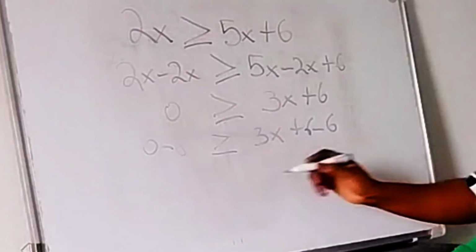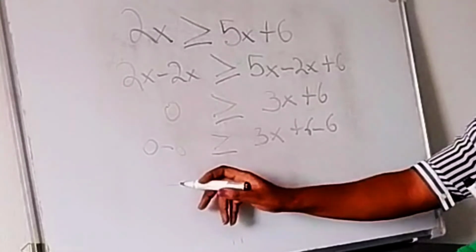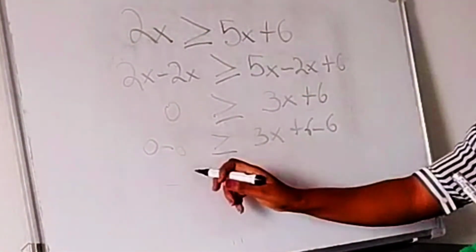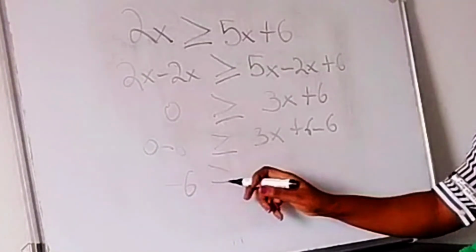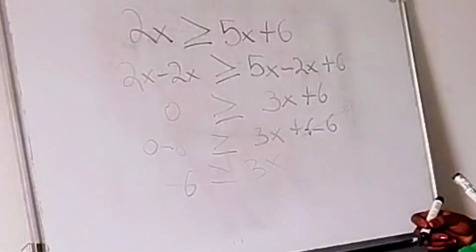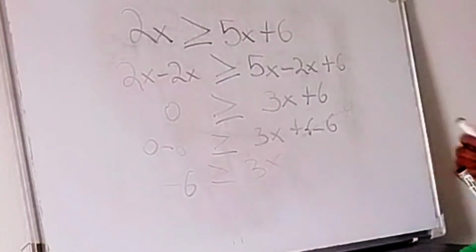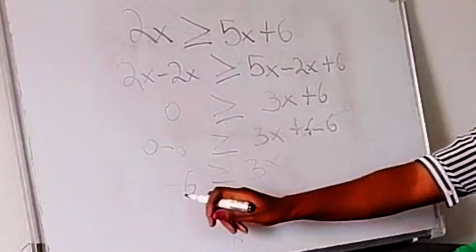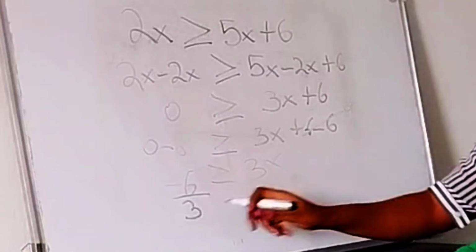So that will give us minus 6 greater than or equal to 3x. How do we finally leave this x alone? We'll divide both sides by 3.